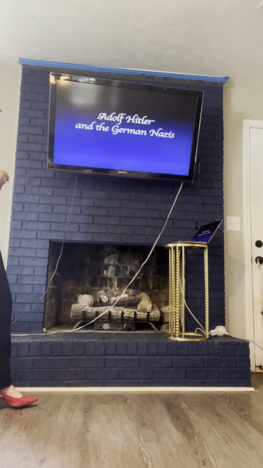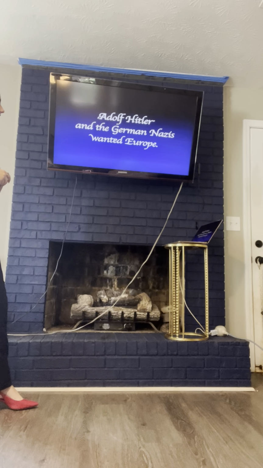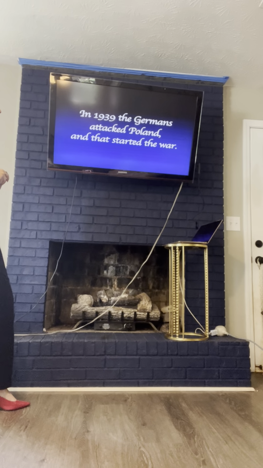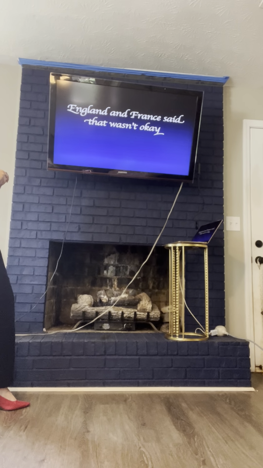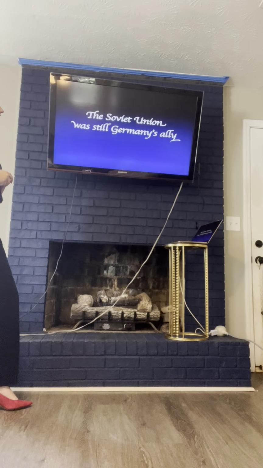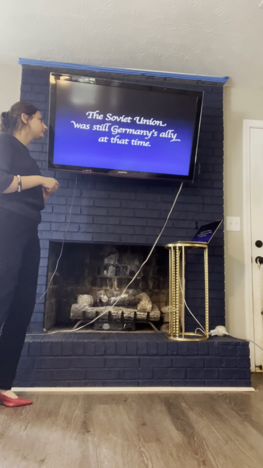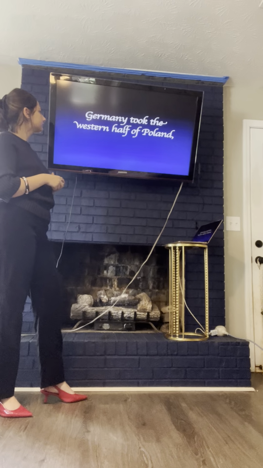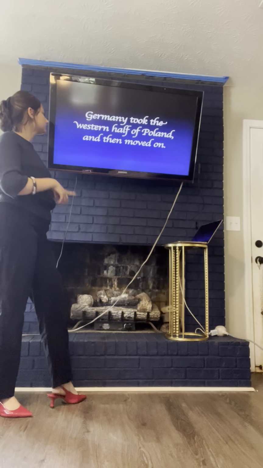Hitler and the German Nazis wanted Europe in 1939. The Germans attacked Poland, and that started the war. England and France said that wasn't okay, and they declared war on Germany. The Soviet Union was still Germany's ally. At that time, Germany took the western half of Poland, and then moved on.